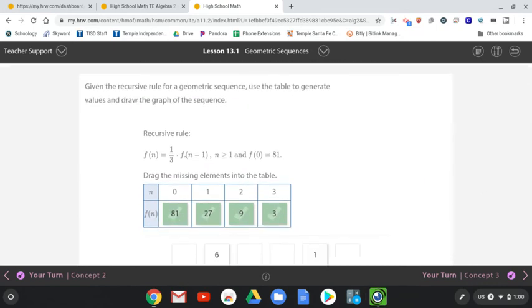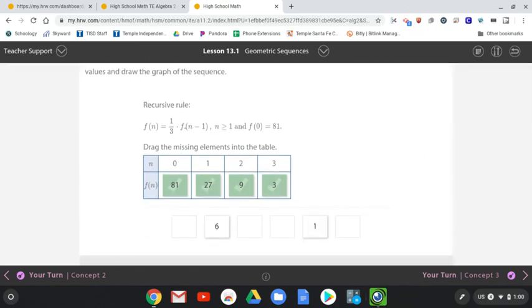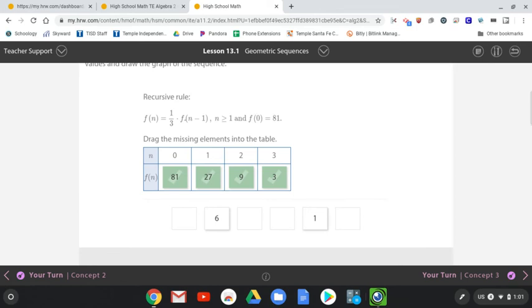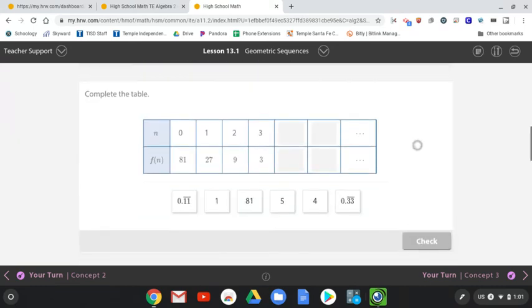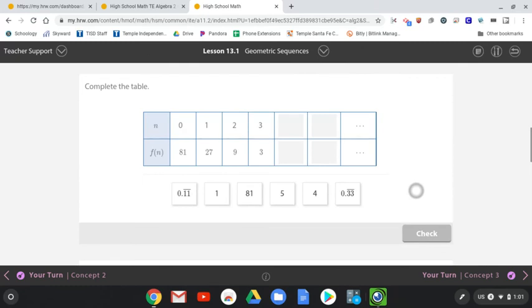So I've already done this problem where you see that 0 is at 81, that was given to us. If we take 81 and multiply it by 1/3 or divide by 3, you get 27. 27 divided by 3 is 9. 9 divided by 3 gives us 3. So now we can continue this process and we would complete the table.